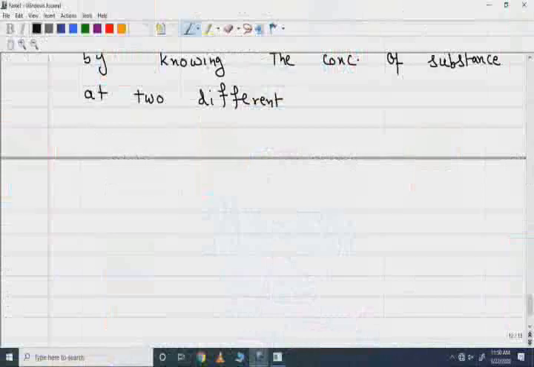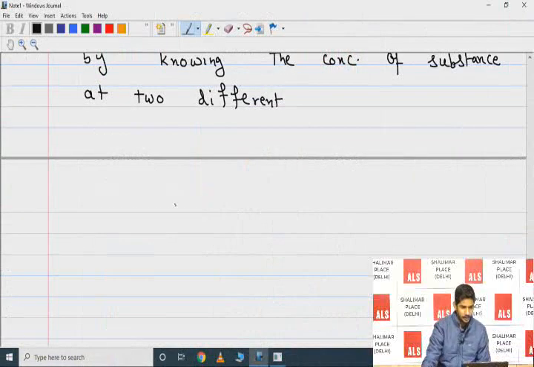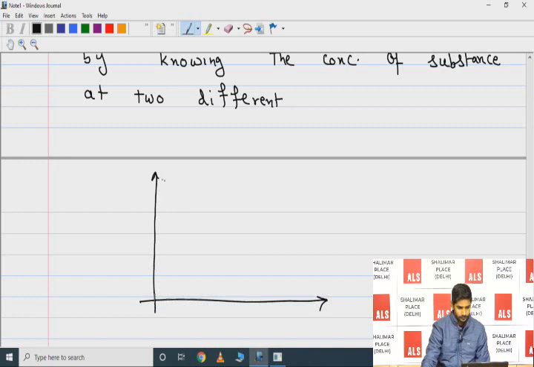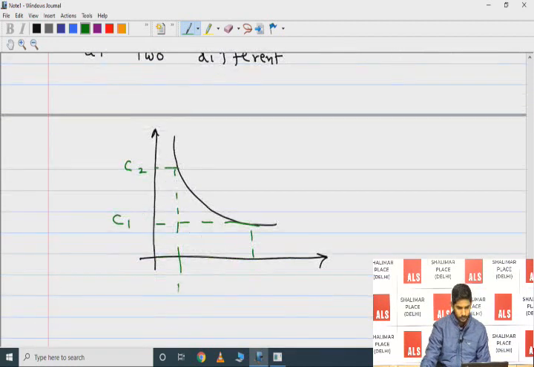Guys, have you copied the formula? Look at this. Have you copied the formula for this one? Okay, let's plot the graph. This is your C1, C2, T1, T2.